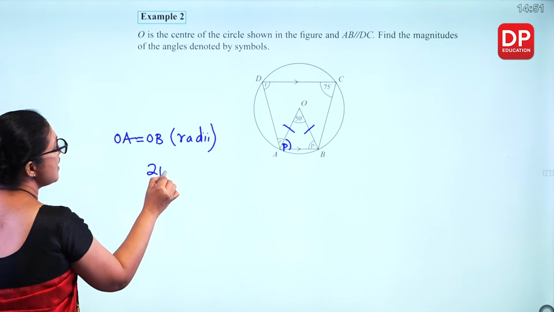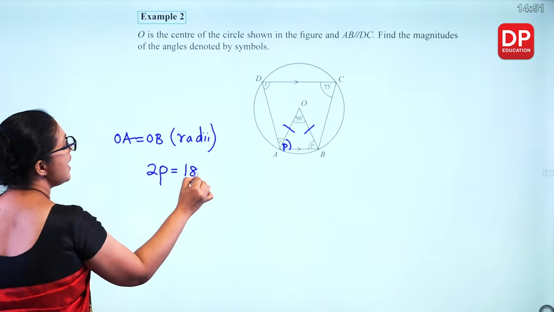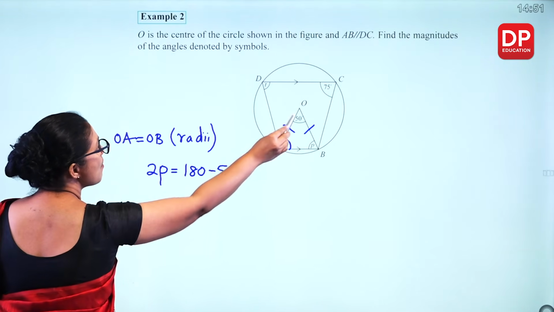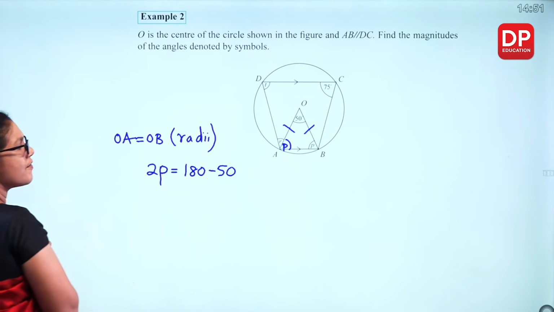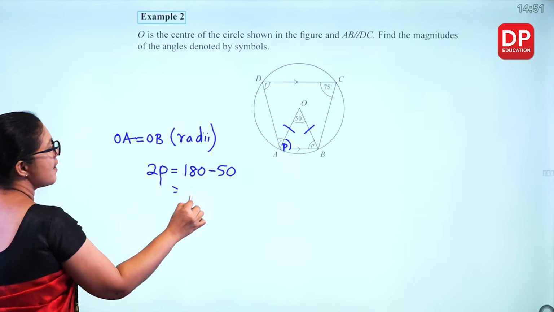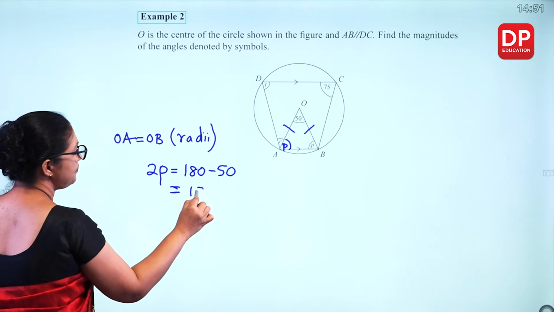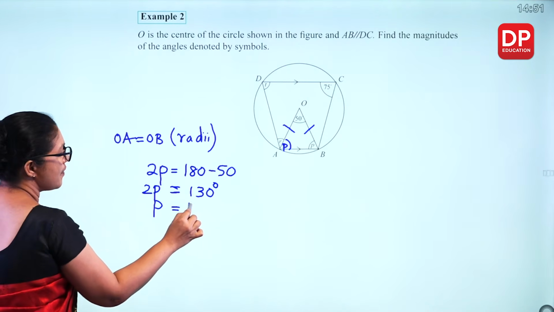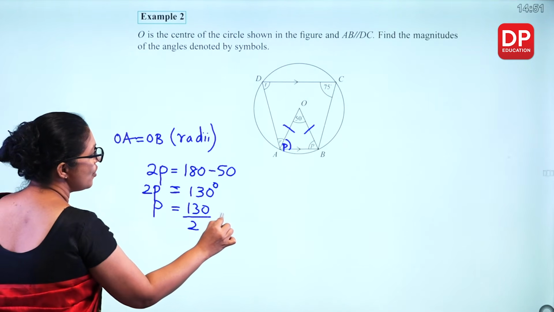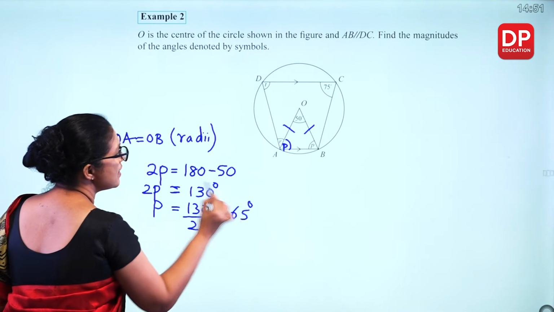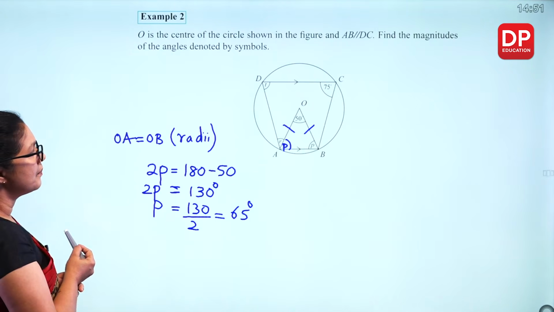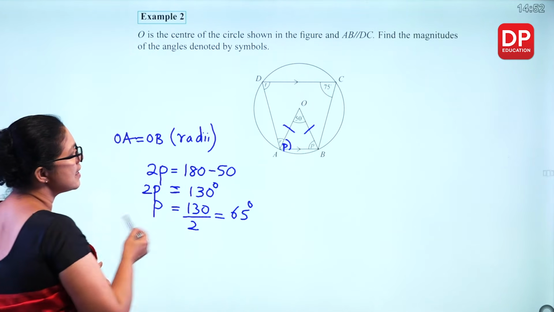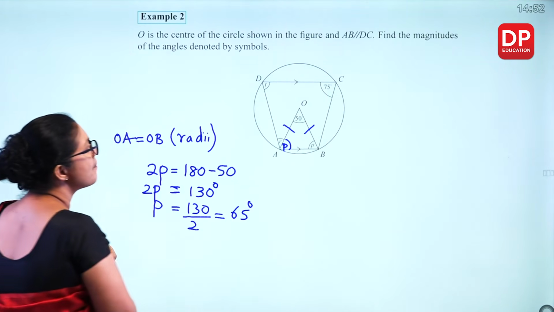2P is equal to 180 minus 50, since the sum of angles in a triangle is 180. So 130 is 2P. So what is P? 130 divided by 2, you get 65 degrees for P. So this is 65.